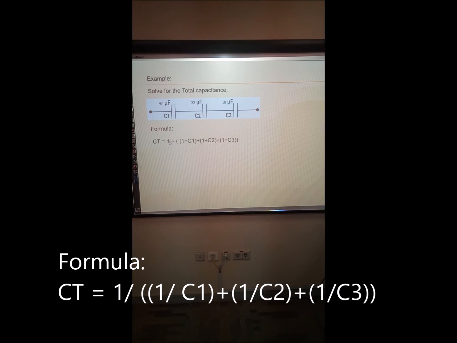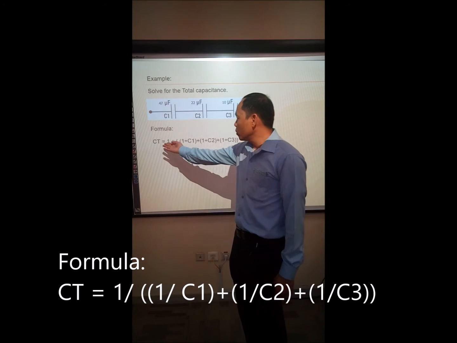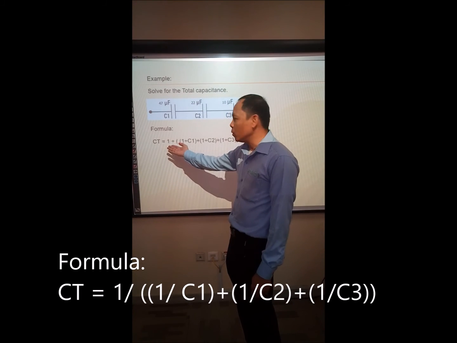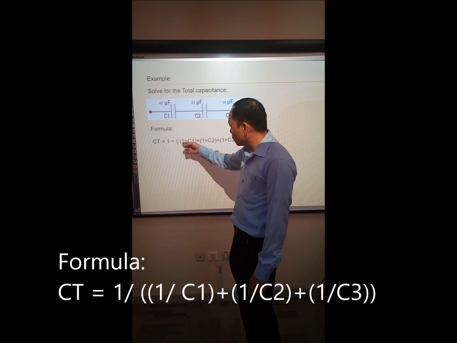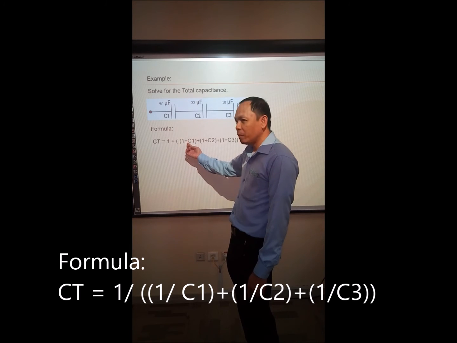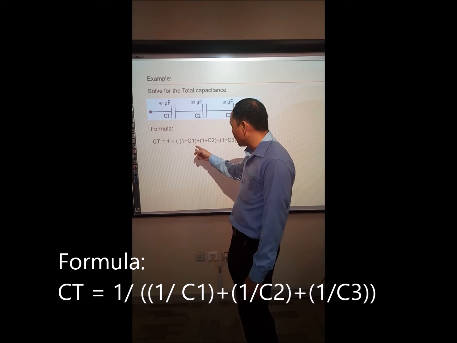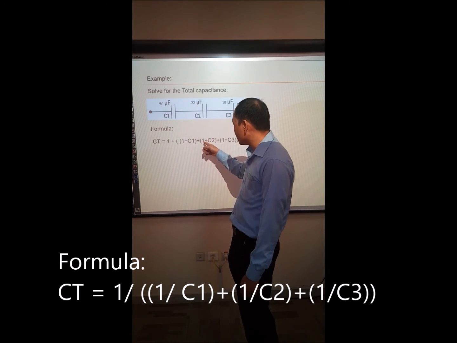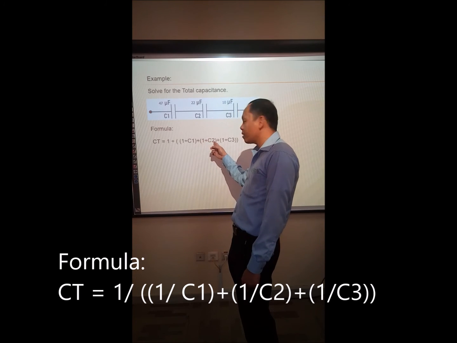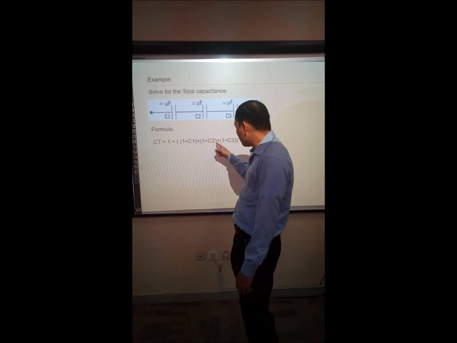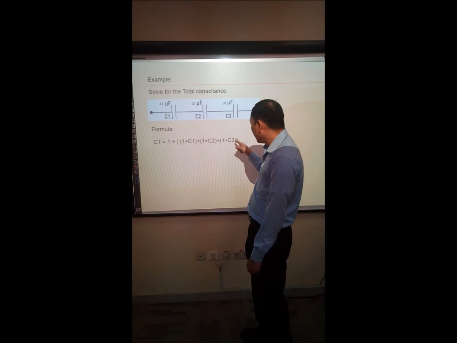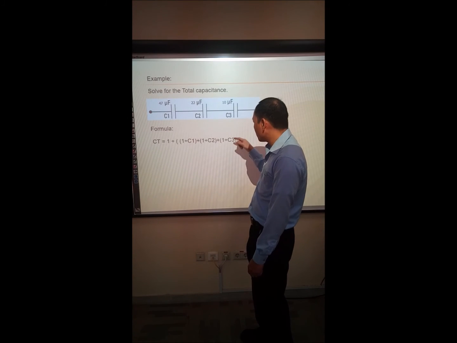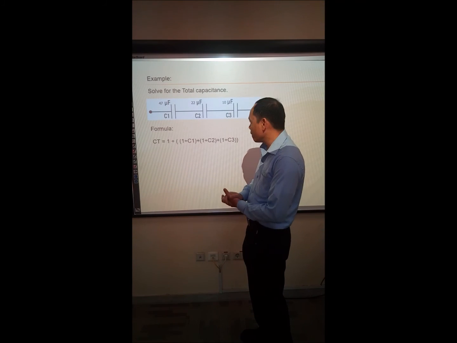CT, or total capacitance, is equal to 1 divided by the quantity of open parenthesis 1 divided by C1 close parenthesis, plus open parenthesis 1 divided by C2 close parenthesis, plus open parenthesis 1 divided by C3 close parenthesis.